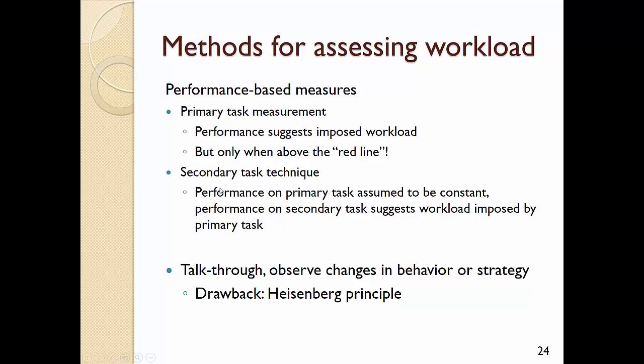So if I'm driving and I go from really light traffic to moderate traffic, my driving performance in the primary task isn't going to change all that much. But if I have a secondary task on top of that, something like count backwards by sevens from 1,000, it's a mundane task, but it's just enough to occupy the rest of the resources I have available after I'm devoting what I need to drive.